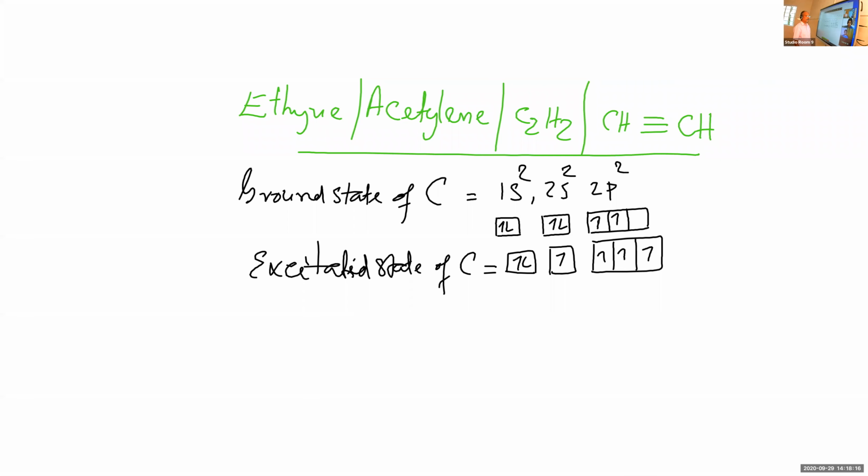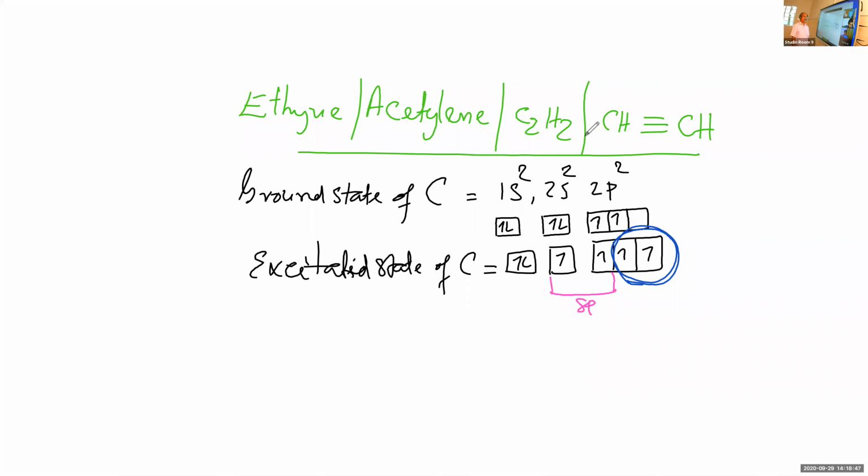Okay. Then during the formation of the ethyne molecule, both the carbon atoms have sp hybridization. So on both the carbon atoms, there will be 2 unhybridized p orbitals.